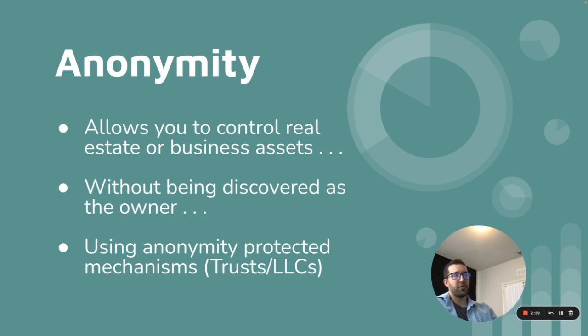When you have a trust set up, you're going to have a trustee that controls the asset owned by that trust. You're also able to do so using an anonymity protected LLC, largely through the state of Wyoming, which is the state that we typically use. The four states that provide the most anonymity are Texas, Nevada, Wyoming, and Delaware. We typically use Wyoming and Delaware.